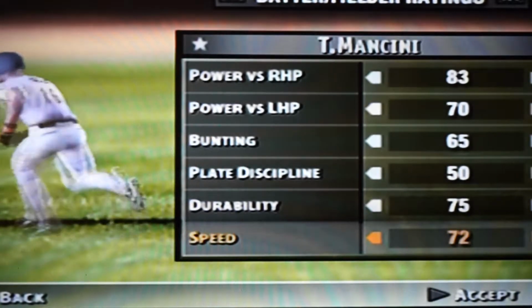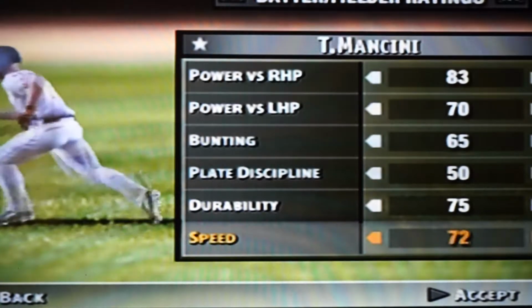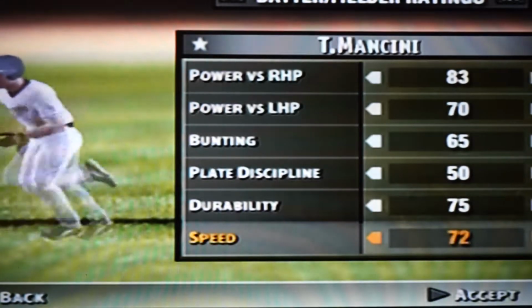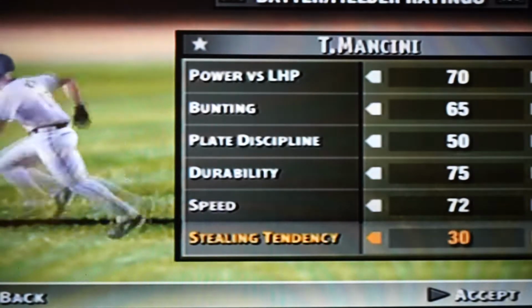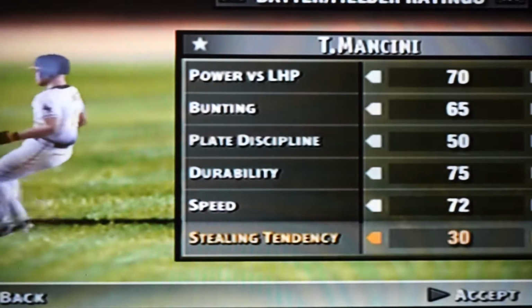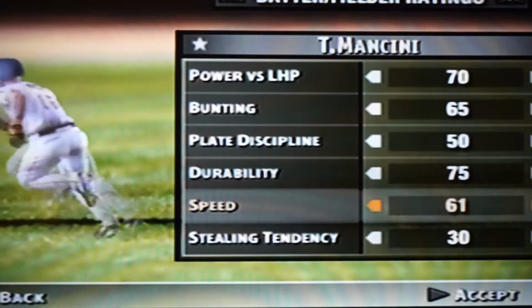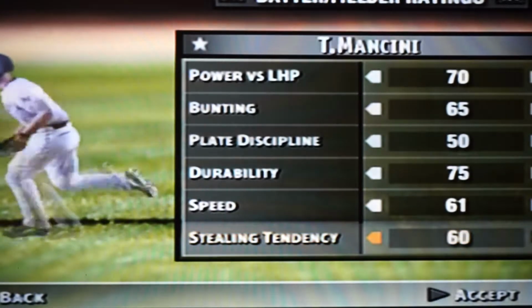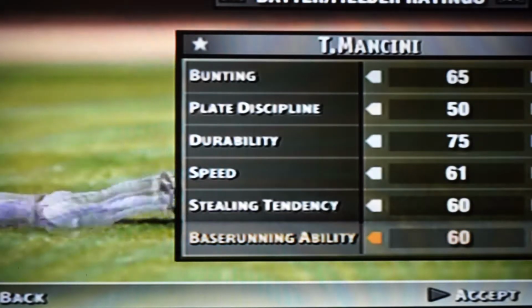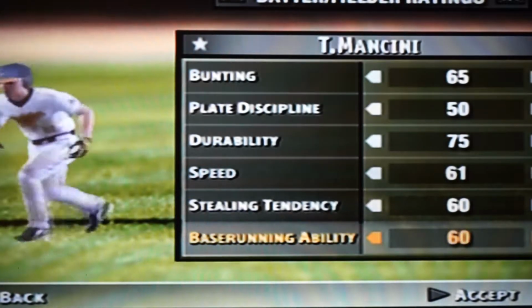When I take a look at speed, again, that's just another subjective measure. A lot of times you can only look at the number of steals. In his case, he doesn't really steal much, so I'm just going to bump him down to maybe 61. And what I like to do with the tendency and the ability is put it equal to speed.